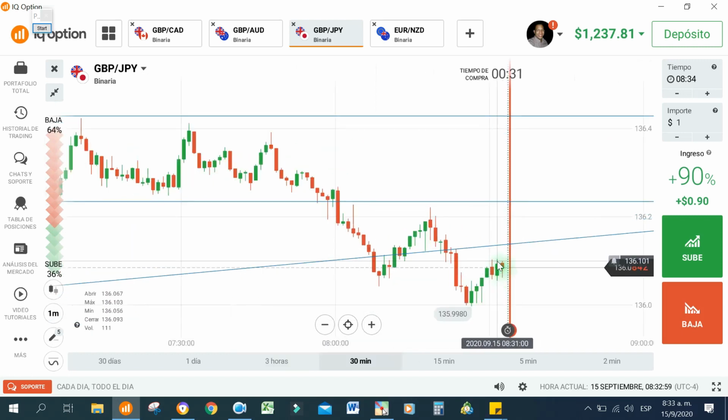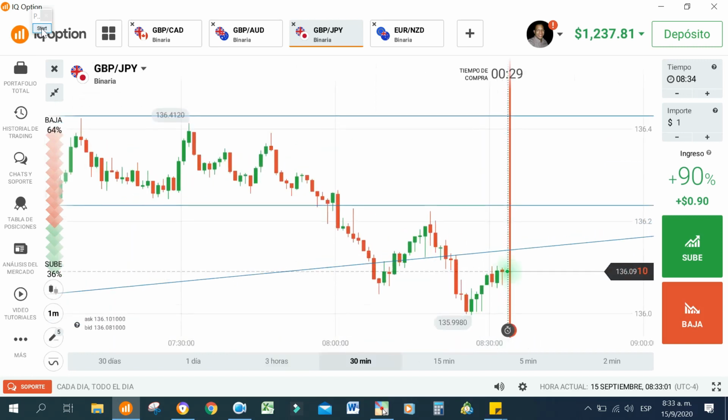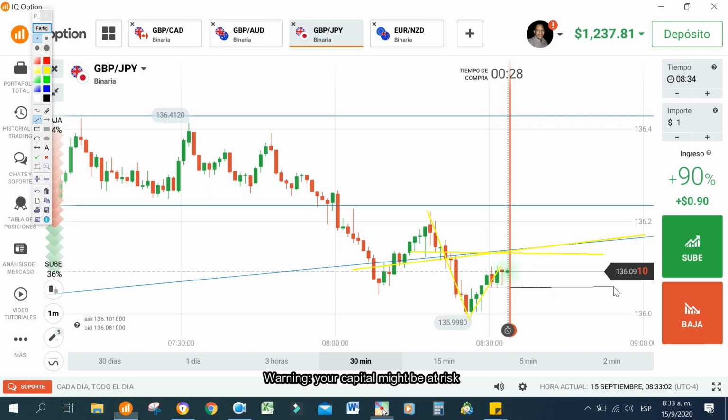So guys, we can see here, this is a pullback. This is a pullback. You can see that the price is pulling back to this level, or to this trend line level. Let's see what happened. But in this case, if the price closes below this level, I will make a put option.